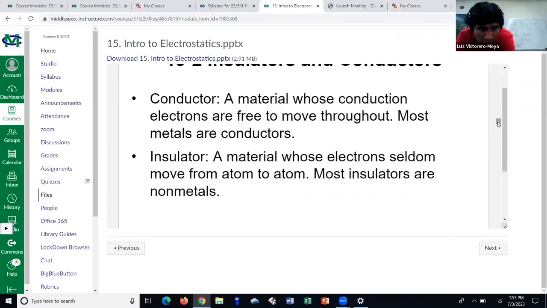A conductor has electrons free to move on the surface of the conductor. This explains why during winter, when you touch metal, for example, the doorknob, to open a room, you may get a discharge. Or when you touch your friend's sweater, you also get a discharge.